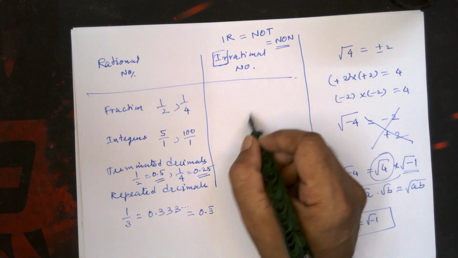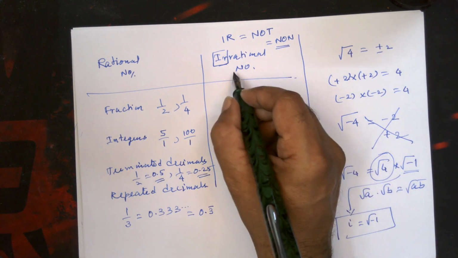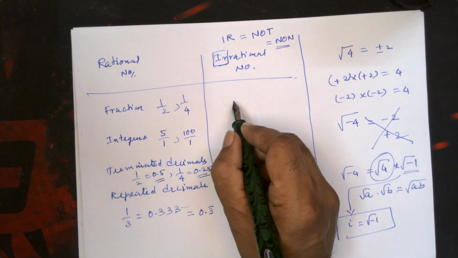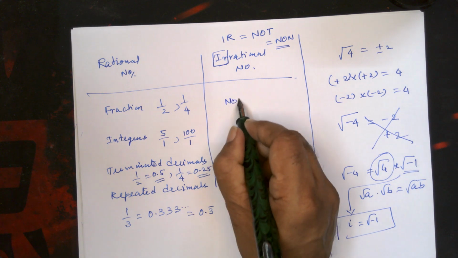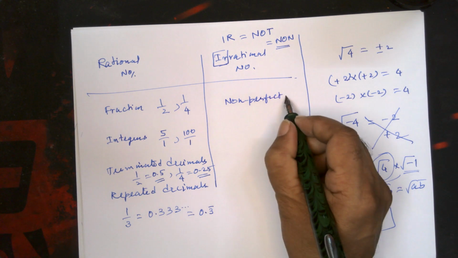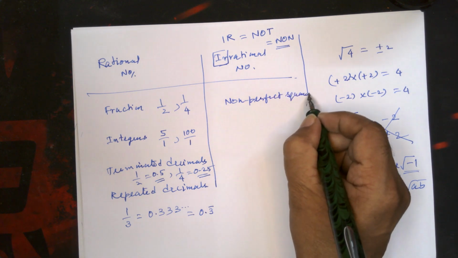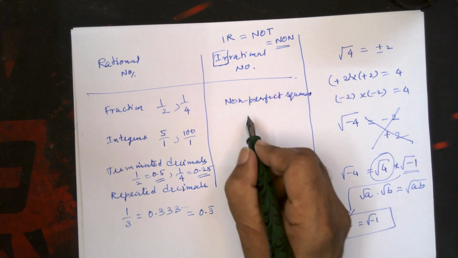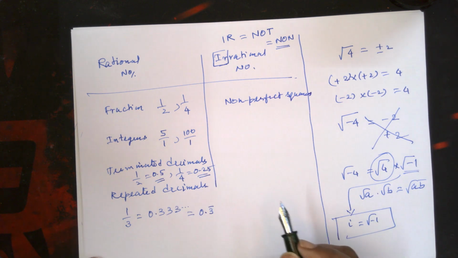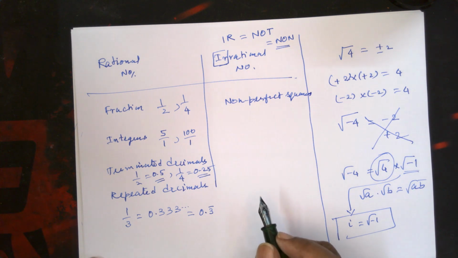Right. Now let us consider irrational numbers. Irrational numbers are non-perfect squares. Note down, they are non-perfect squares. Non-perfect squares means what? For example, root 4 is a perfect square, is it not? Root 4 results in plus or minus 2. Root 9, plus or minus 3. But what about root 5? It is non-terminating.